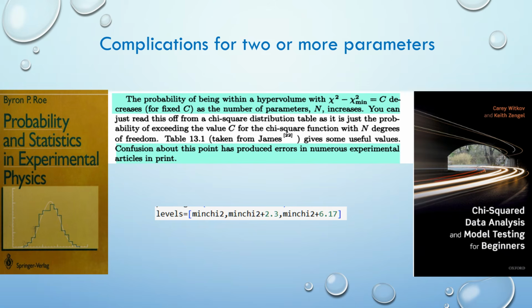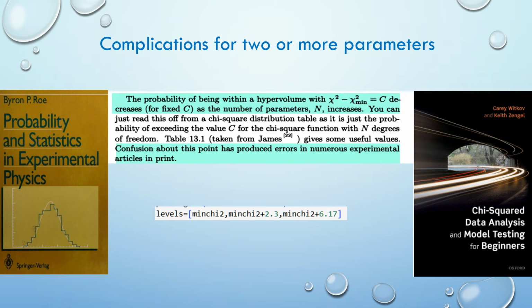So when a former colleague and I co-authored the book Chi-squared Data Analysis and Model Testing, published by Oxford University Press in 2019, we were careful to avoid this error and had this decision to make in our 2D parameter contour plots. We could show the 1 and 2 sigma contours, which would no longer correspond to 68 and 95%, or we could keep the 68 and 95% interpretations, but no longer use 1 and 2 sigma.